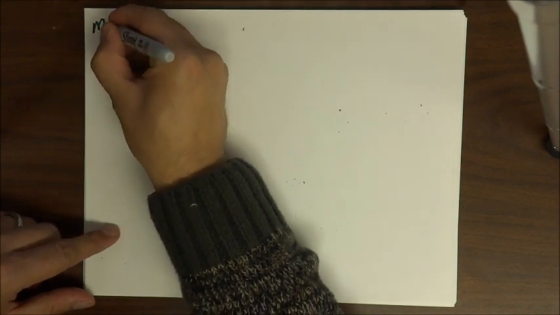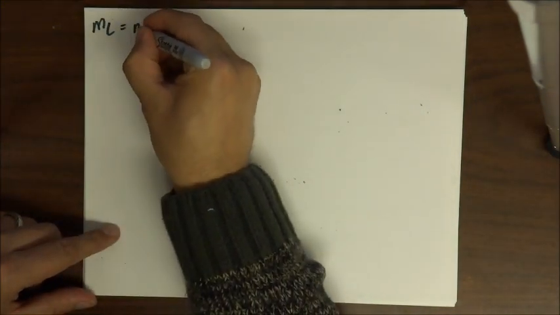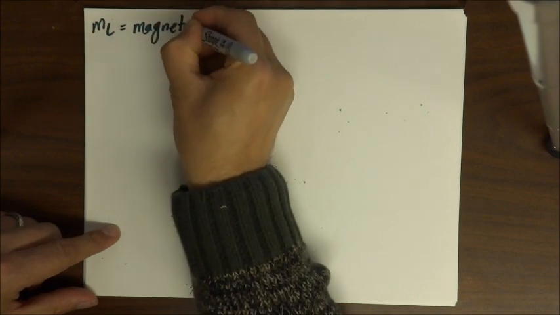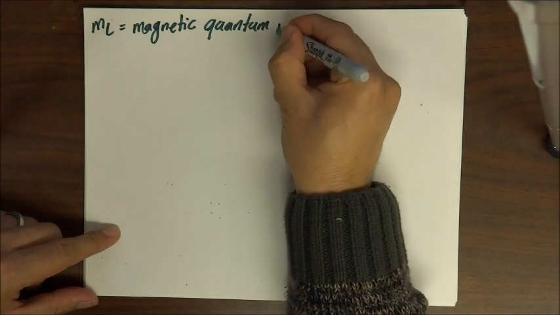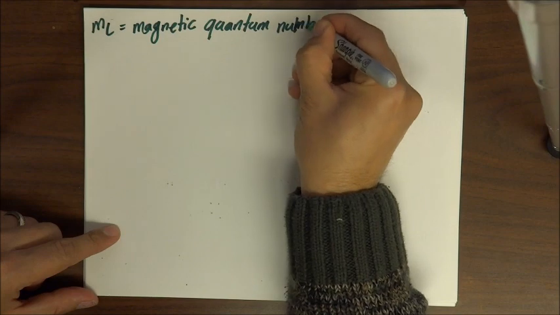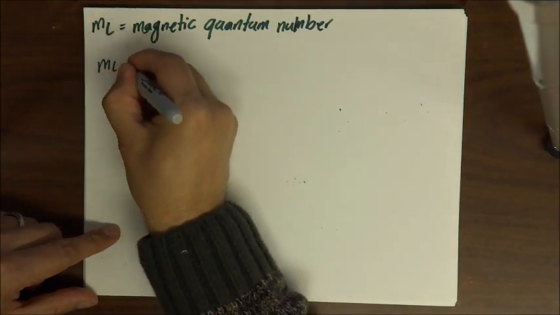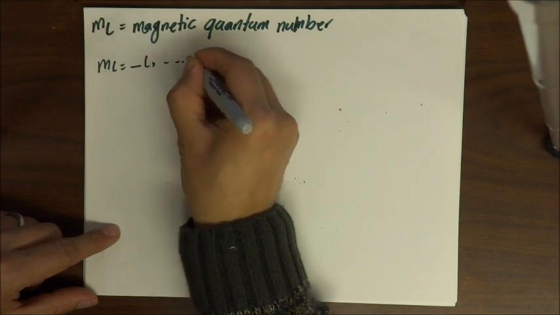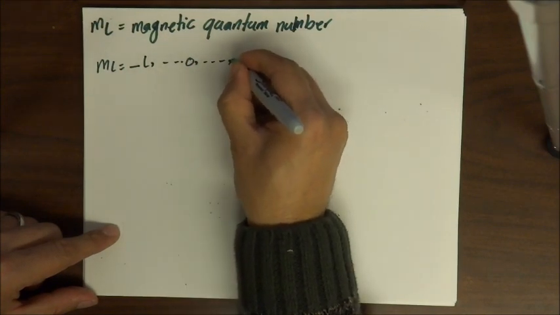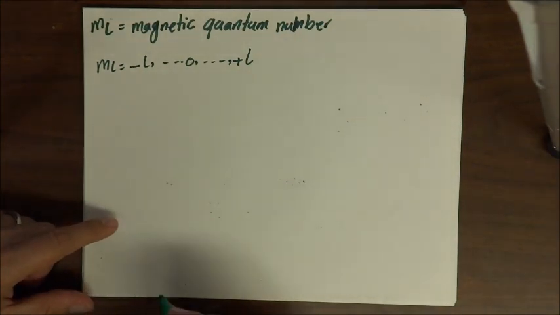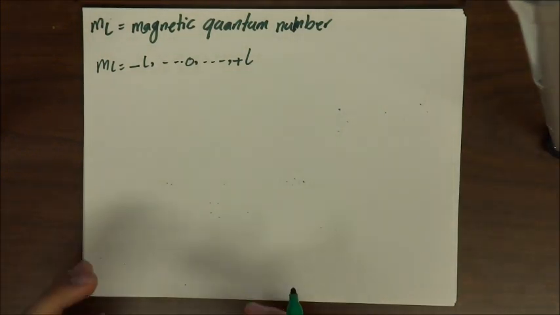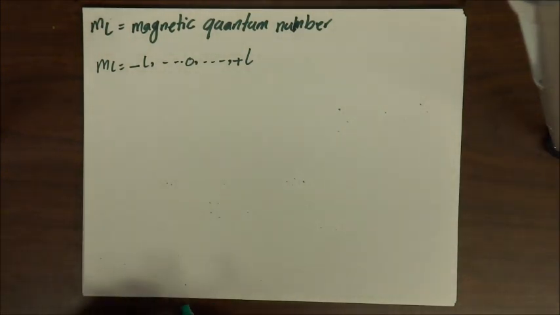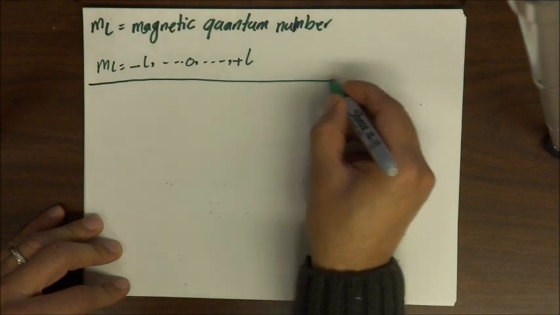We say it through ml, or magnetic quantum number. ml is minus L to 0 to plus L. I'm gonna go through n1, n2, and n3, and I will show you all the possible orbitals for any level of energy. And I start with n equal 1.